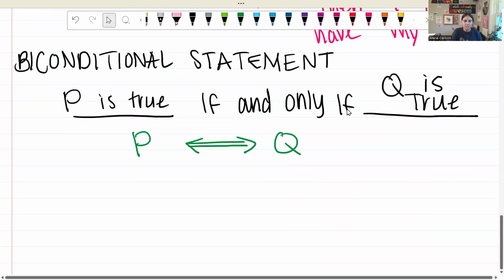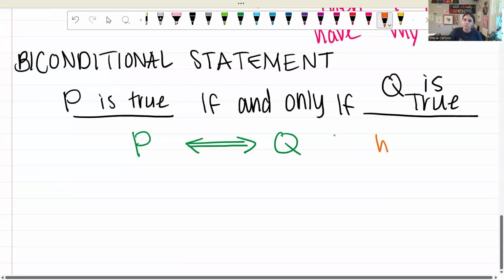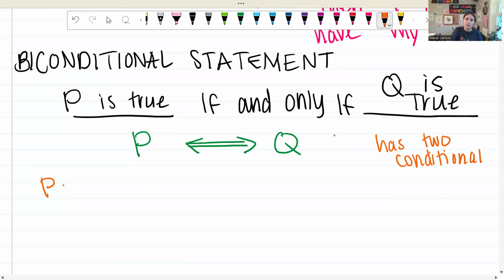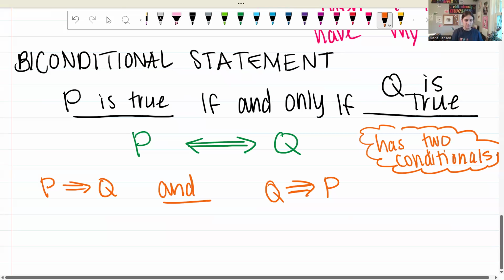And really what a biconditional statement is, it's two conditionals. We have an original conditional, we have P implies Q, and then we have the opposite, Q implies P. So really, we have a conditional and its converse. We have a conditional statement and its converse statement.